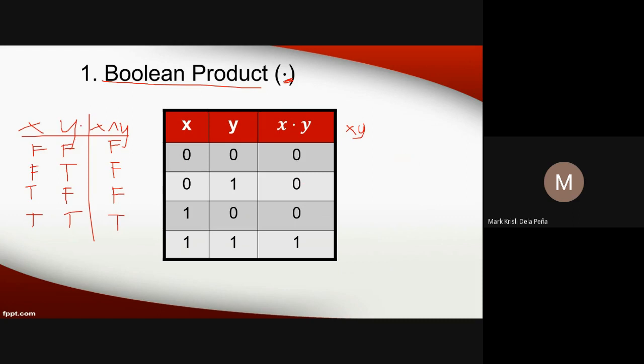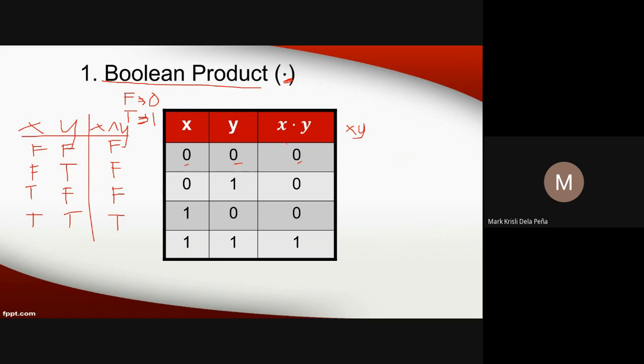Since f in logic is just 0 in Boolean algebra and t is 1, that means 0 times 0, or 0 and 0, is 0; 0 and 1 is 0; 1 and 0 is 0; 1 and 1 is 1.